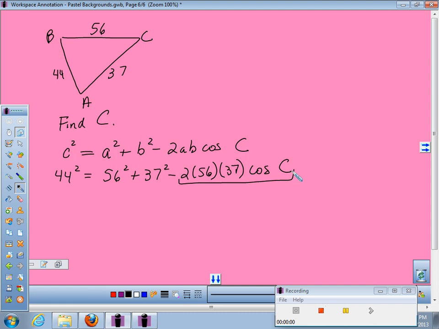So that's like some number times cosine. That's a coefficient on cosine. I'll have people who try to calculate all this from 56 to the end of this 37. They want to calculate this all and make one number. You can't do that. You've got to move it. If it was me, when I do it, I do minus 56 squared minus 37 squared. Then I divide by that stuff in front of cosine. That way you've got cosine by itself. Then you can chunk all that in your calculator at once.